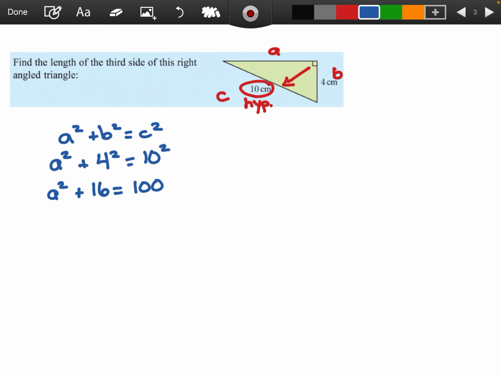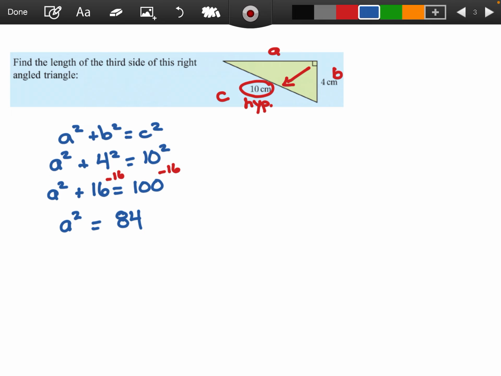And now I need to isolate for a. So I need to get everything away from a and just have that left on its own. So to do that, I'm going to subtract away my 16 from both sides. What I do on one side of the equal sign, I do exactly the same thing on the other. So now that leaves me with just a squared on the left, and then on the right, I have equals 84.